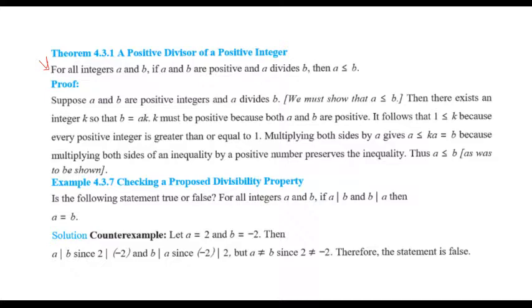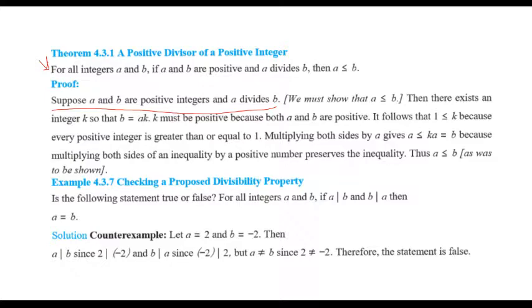In order to prove this, we need to use the definition of divisibility. We say, suppose a and b are positive integers and a divides b. That's the assumption, right? So we need to show that a is less than or equal to b. That's the conclusion of the theorem.